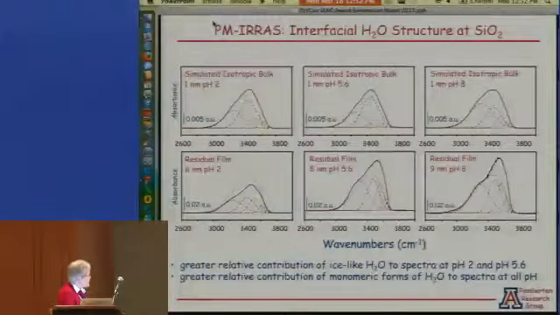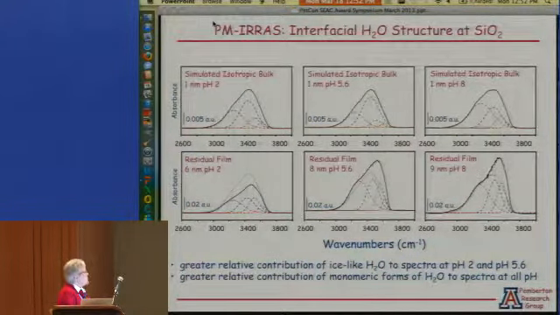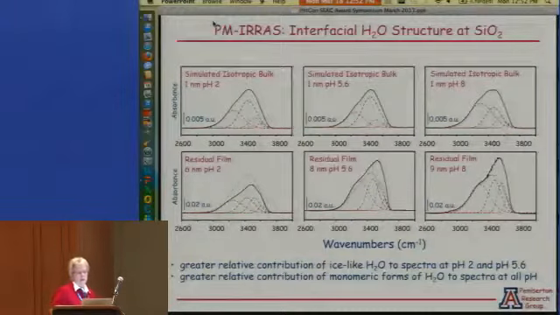You can do all kinds of fitting to the different modes that are under this envelope and understand something about structural details, which we have done. And so those are some data for silica.